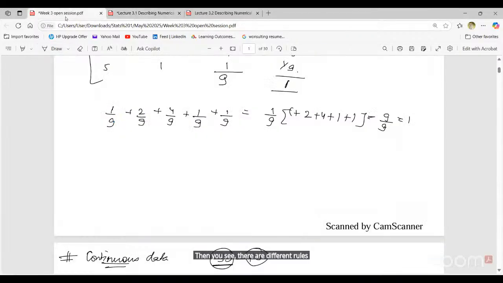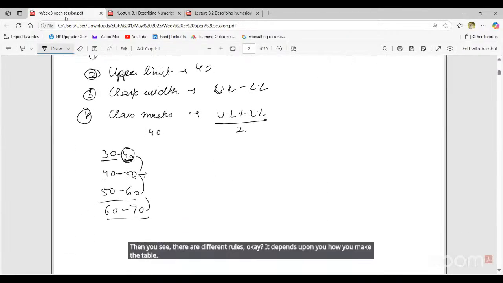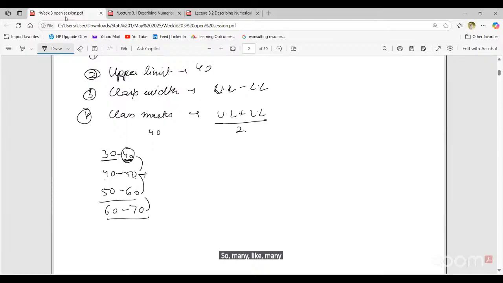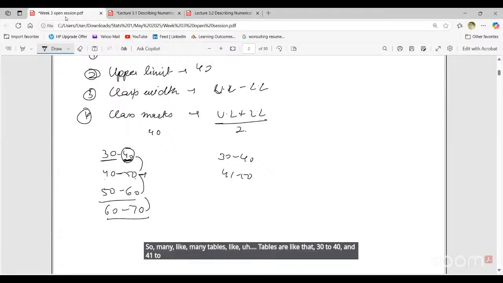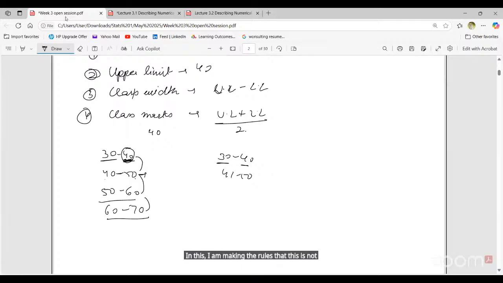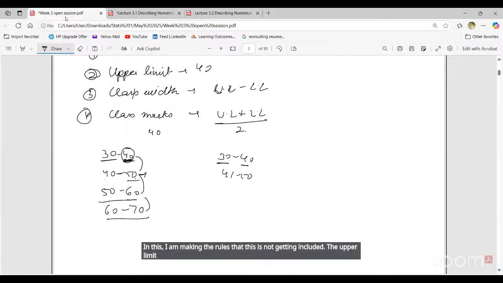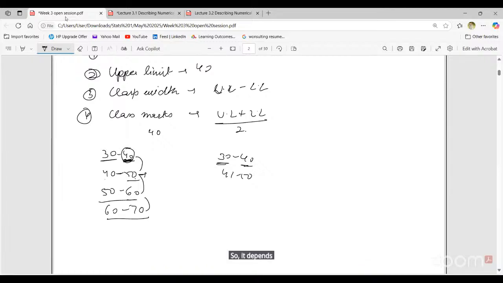It depends upon you how you make the table. Many tables are like 30 to 40 and 41 to 50. So you make the rules. So I am saying that I am including both of the limits. In this, I am making the rule that the upper limit is not included. Many times we include both of the terms. So it depends upon the question. It will be clearly stated in the question. Fine.